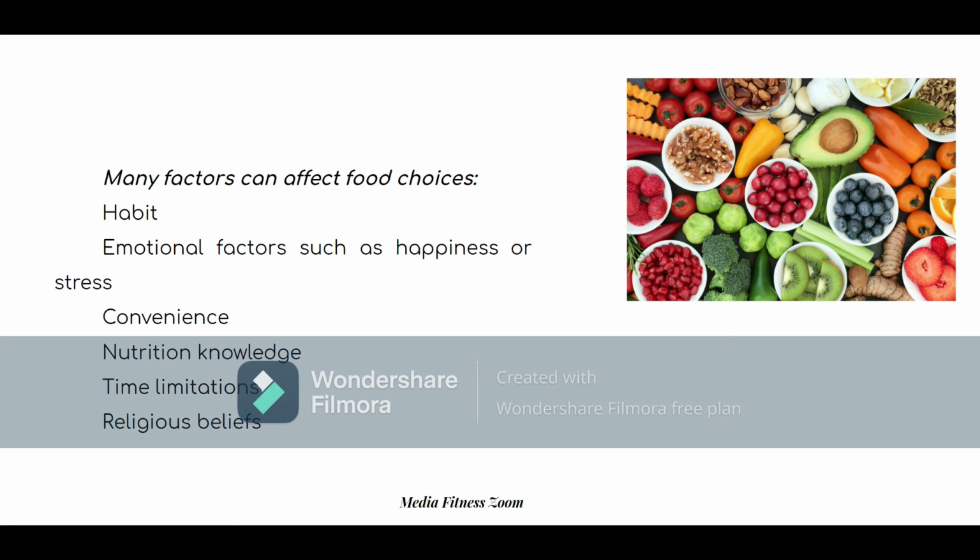Convenience and nutrition knowledge are also factors that can affect food choices. The more we know about nutrition, the more skills we possess about nutrition and how to eat right, the more successful we are in our healthy diet maintenance.